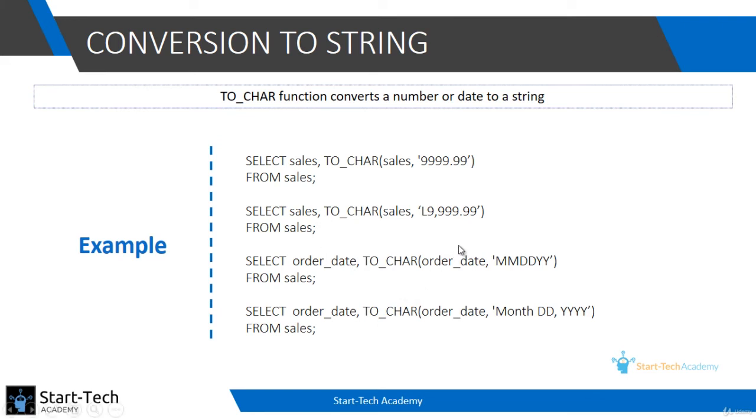Let us say I have the order dates and I want to get them into this string format, MMDDYY. This by default is in YYYY-MM-DD. This will give me the MMDDYY format. If I write it in this format, so for 21st July 2015, it will be July 21st 2015.